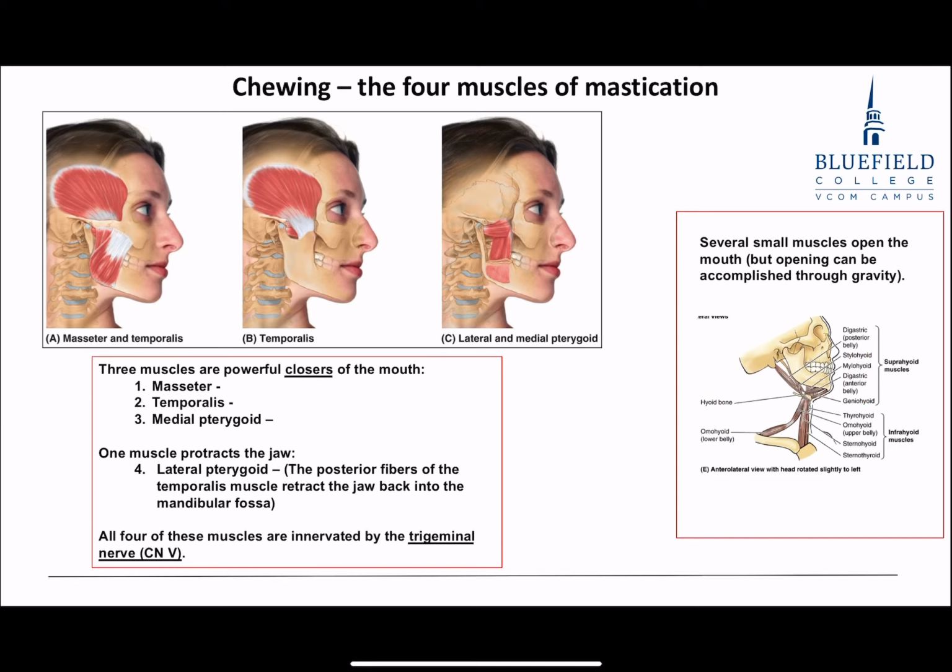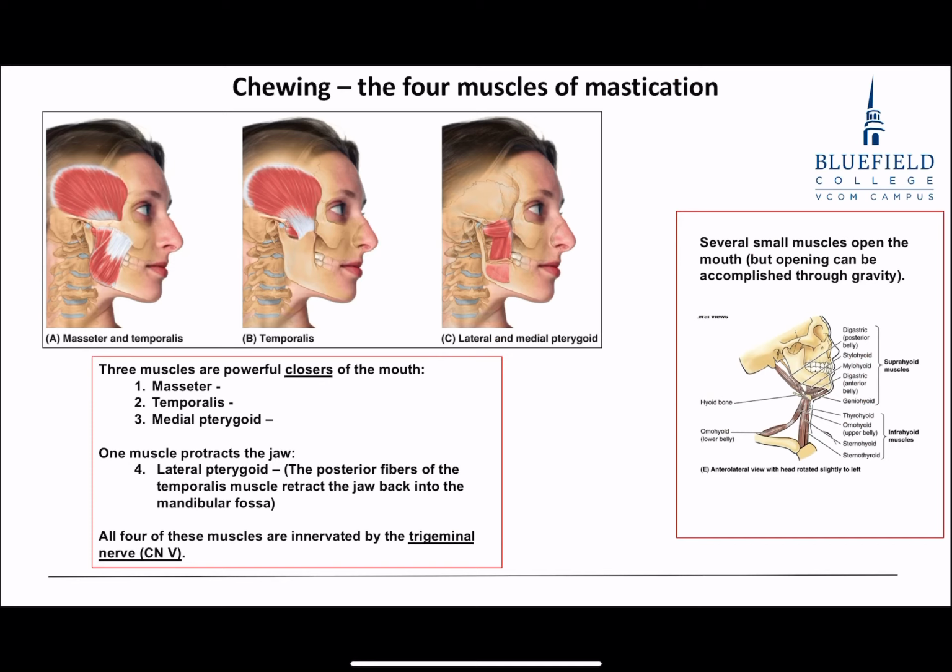So here we talk about the chewing muscles, the muscles of mastication. This is a pretty complicated dissection in the anatomy lab, but we'll go through it here and try to make sense of it. It's pretty easy to open the jaw.